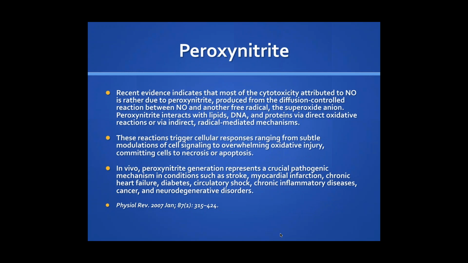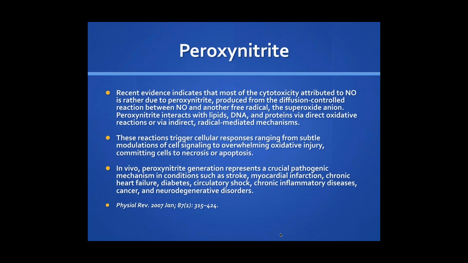In some studies, recent evidence indicates that most of the cytotoxicity attributed to nitric oxide is rather due to peroxynitrite, produced from the diffusion-controlled reaction between nitric oxide and another free radical, the superoxide anion. Peroxynitrite interacts with lipids, DNA, and proteins via direct oxidative reactions or via indirect radical-mediated mechanisms.